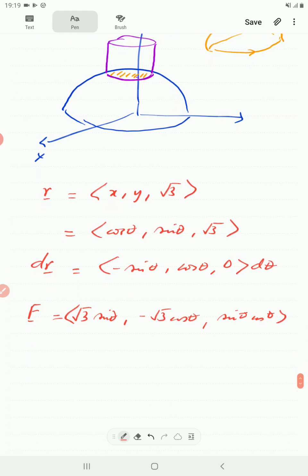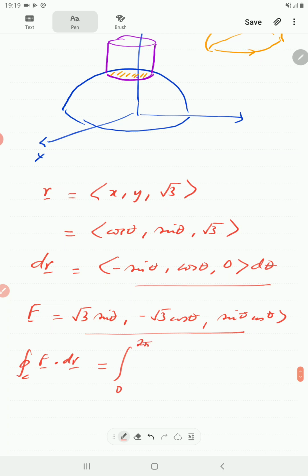Then the contour integral of F dot dr, if we do the dot product of this and this, of course theta is now ranging between 0 and 2 pi. There's going to be this, which is sine squared, this one is cos squared, this one is 0.